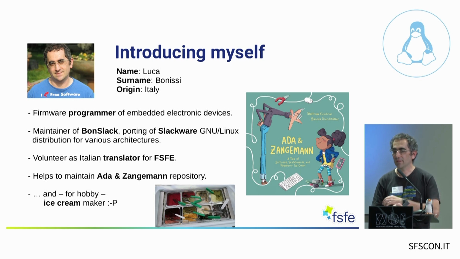I'm a volunteer for the Free Software Foundation Europe, mainly as a translator, and I maintain, together with Nico Rikken, the Ada & Zangemann repository, that is the book you see on this screen. And I mention this book because when I bought my first electric car last year, I really felt like Ada's friends, where someone else has the control of your device.